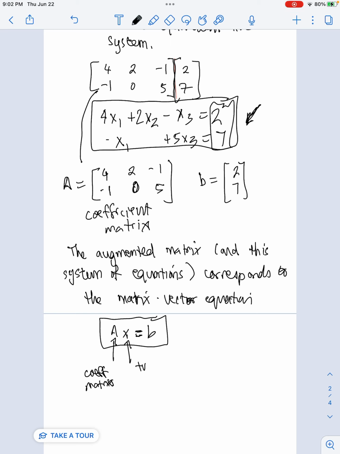So x will be a vector, b is a vector, so we're trying to solve for all the different vectors x, such that when you do the matrix A times the vector x, you get the vector B.